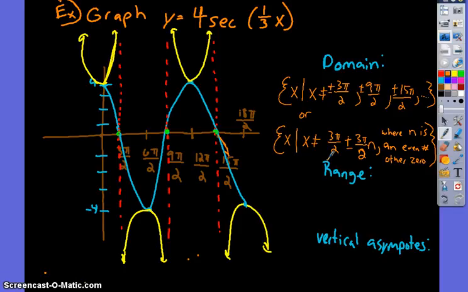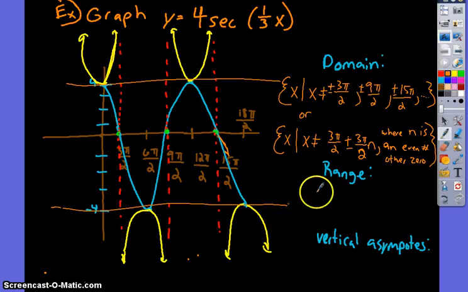Range, it's pretty easy. You look at all the possible y values. The highest y value would be infinity, and the lowest y value would be negative infinity. But it wouldn't be from negative infinity to positive infinity, because this graph only exists above this line and below that line. So it's basically all real numbers except those numbers.